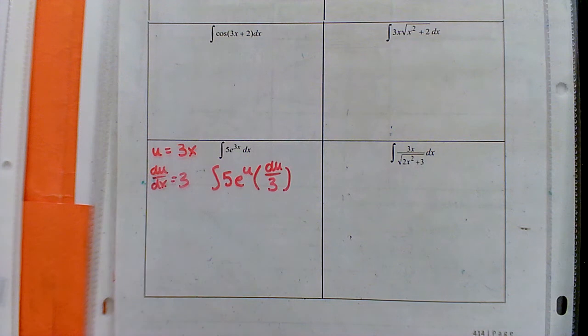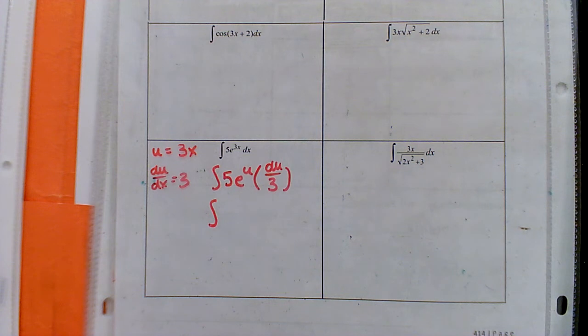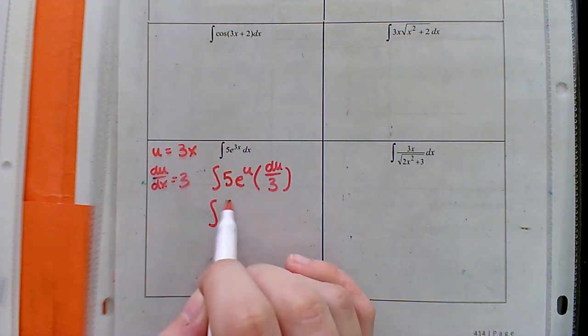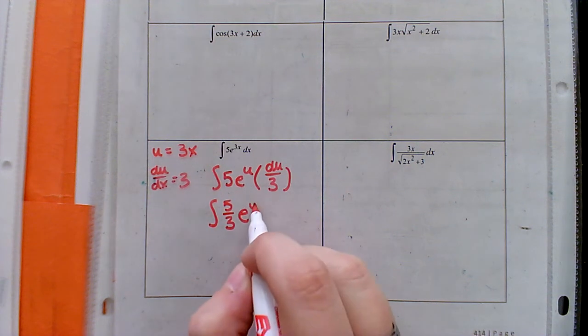Notice how all the x's are gone. That's wonderful. Let's try to work backwards from this. It might be in our best interest to rearrange certain things. Notice how we have a multiplication of 5 and a division of 3. So we can merge those together as 5 over 3 and make that the coefficient out front.